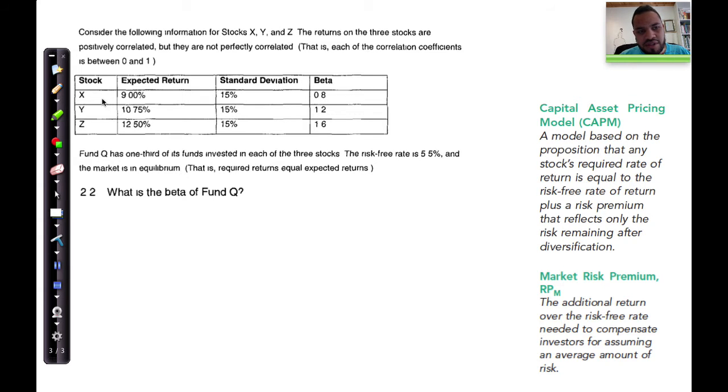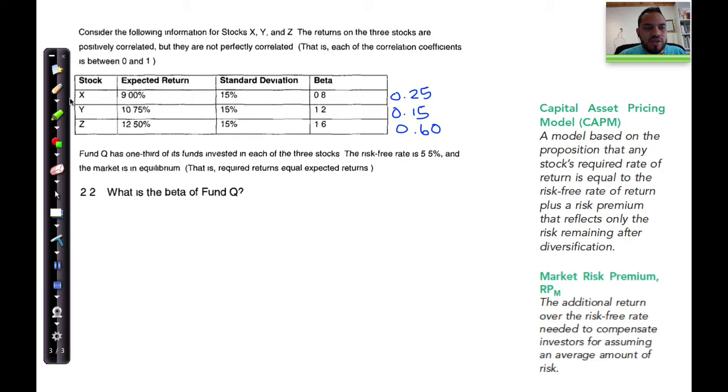So for argument's sake, and we know this is not the case, let's say Fund Q has 0.25 of its financial assets invested into stock X. It has 0.15 invested into this stock over here, and 0.6 invested into this stock over here.